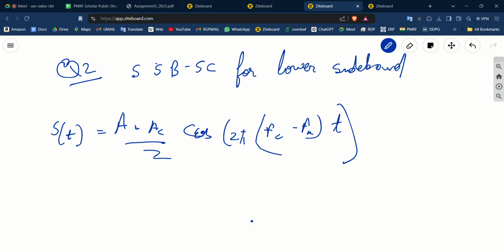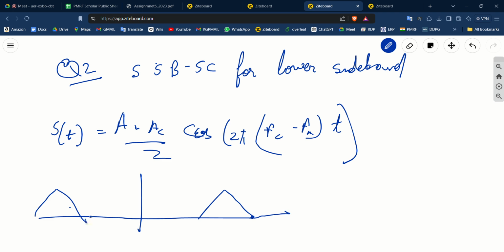For the SSB-SC modulation, the graph will look something like this. It will only have this sideband, and clearly in the frequency components we do not need any DC component here.